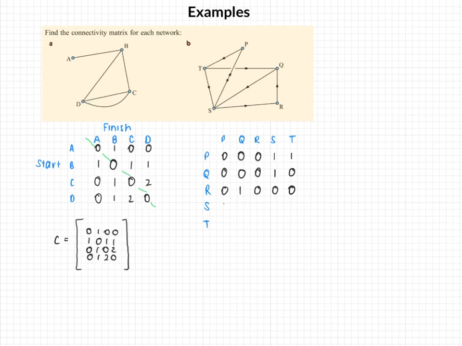S to P, 1, S to Q, 0, S to R, 1, S to S, 0, S to T, 0. T to P, 0, T to Q, 1, T to R, 0, T to S, 1, and T to T, 0. So that now completes our table of values.